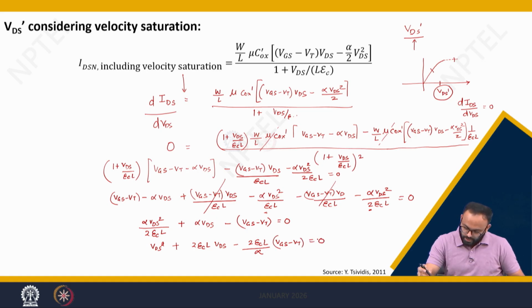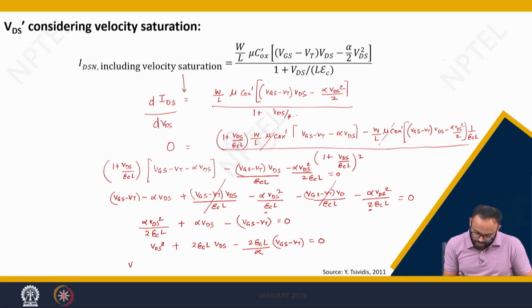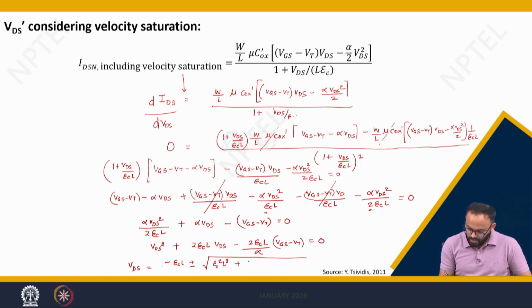We can solve this quadratic equation as VDS is equal to minus EC into L plus and minus square root of EC square L square plus, now it becomes 2 EC into L by alpha VGS minus VT, correct.